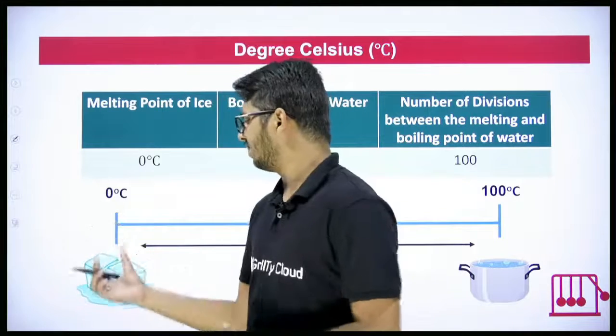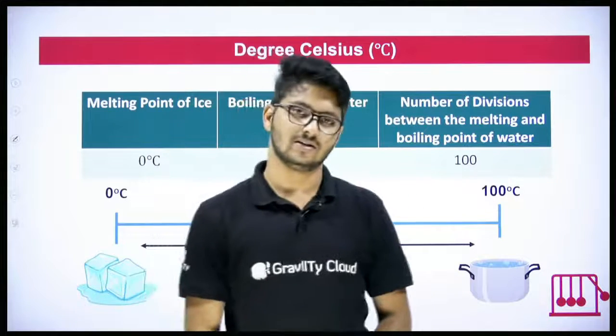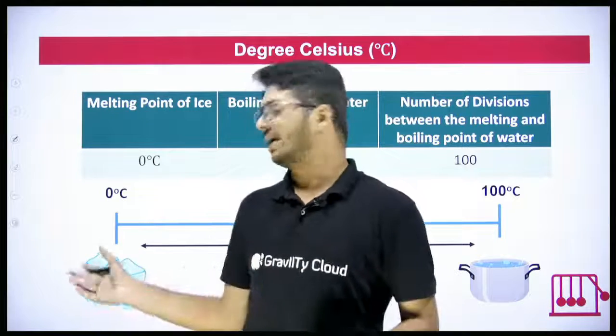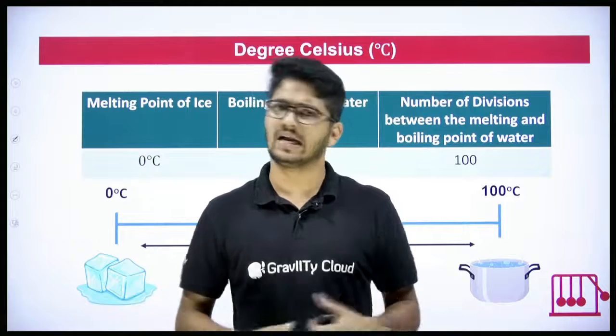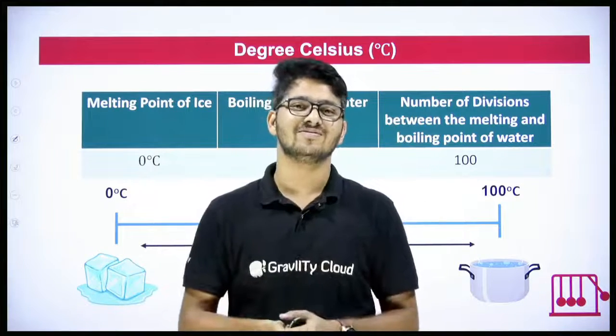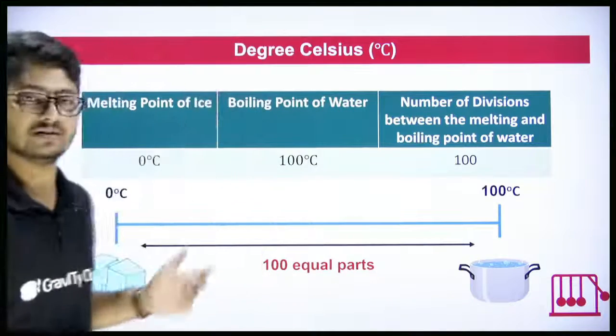Now, Celsius took the melting point of ice as 0 and the boiling point of water as 100. Now you might say, sir, I will define a unit. I'll take the melting point as 10 and the boiling point as 50. Can I do that? You can do it. You can call it by your name. But the regular or standard ones are these.